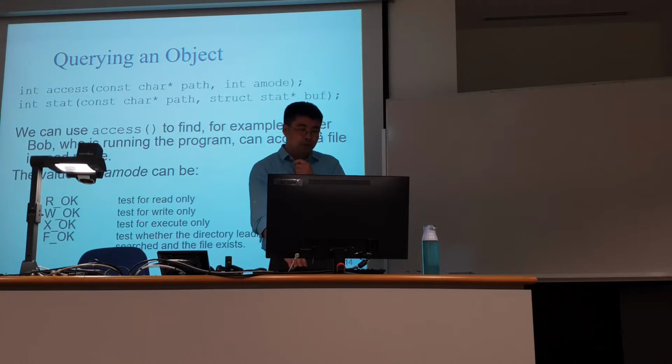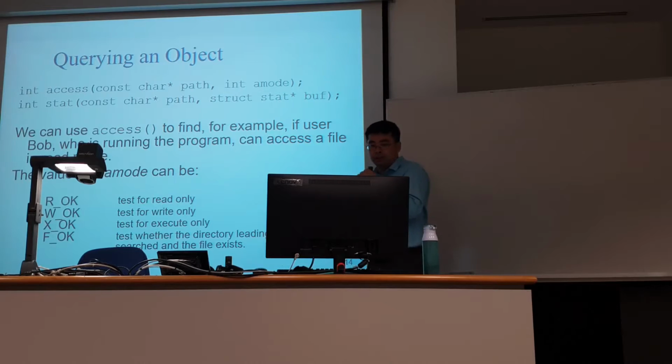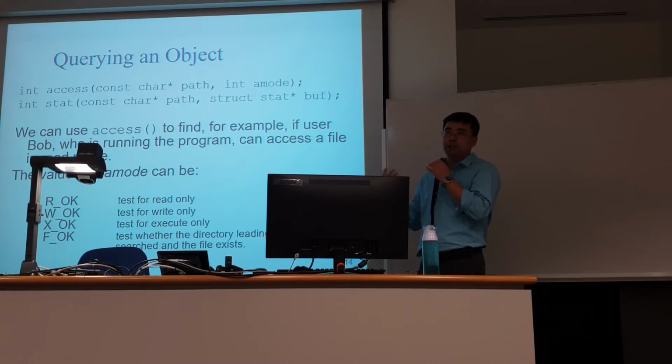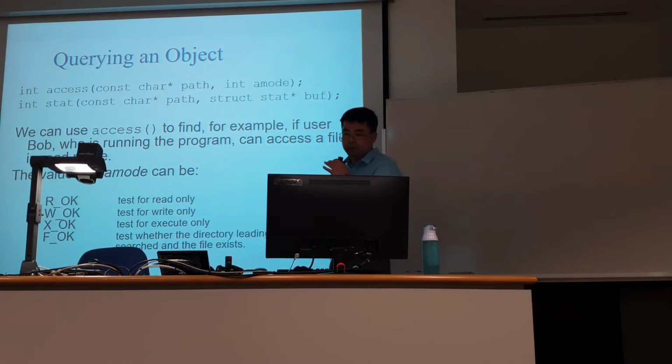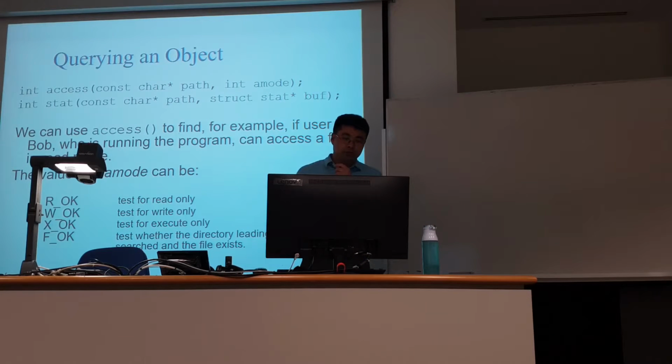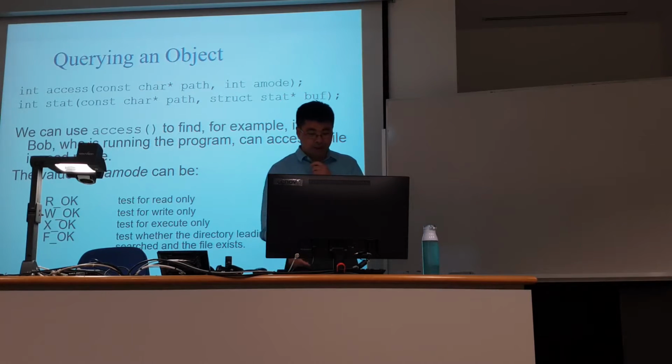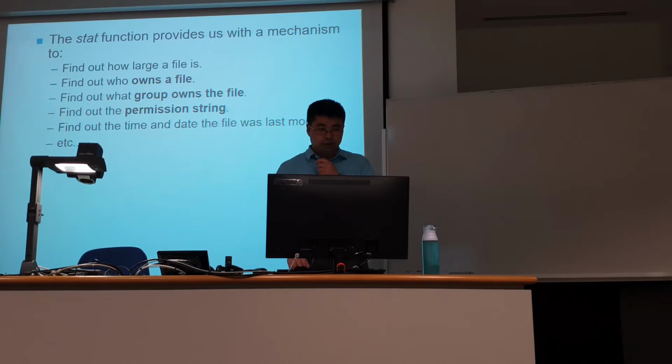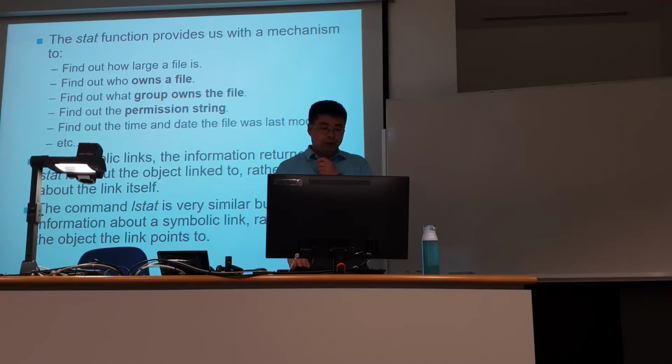You can also query the object, for example, whether someone can read this object or not, because the ACL determines who can do what to this object. By querying the ACL, you can know, for example, whether Bob can read this file or not. This information can be found in the stat structure, which contains a lot of content: the file size, the owner of the file, the group owner of the file, and the permission string.